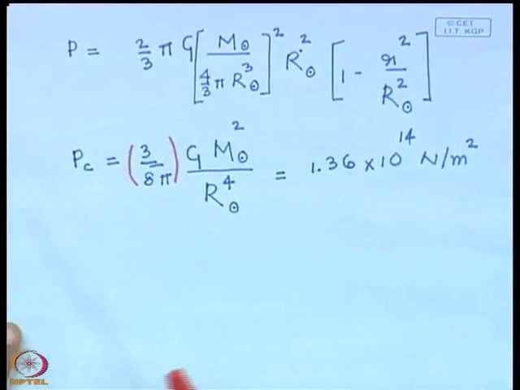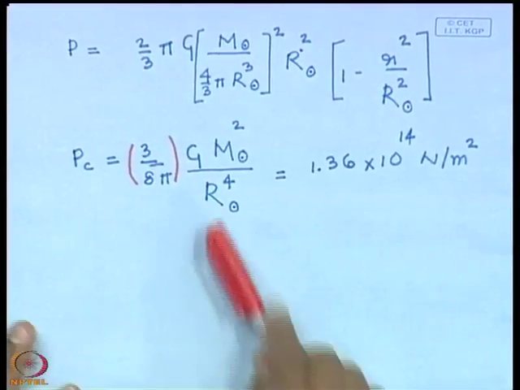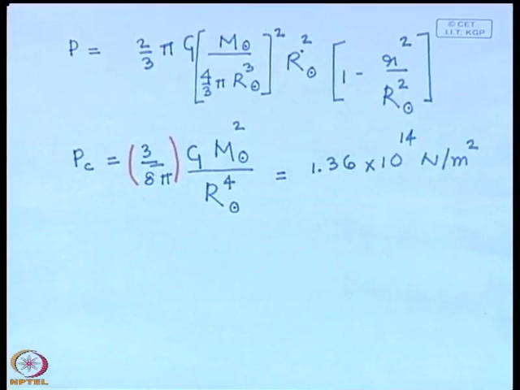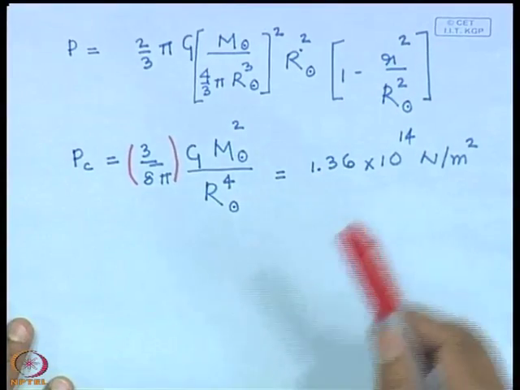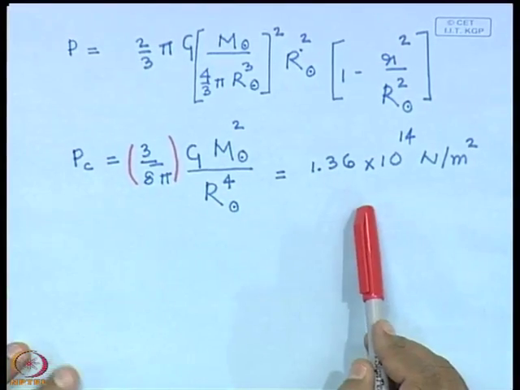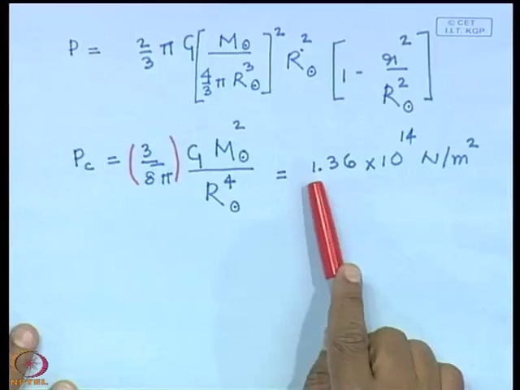So, a more realistic estimate will give us some other numerical factor over here, but this part will more or less be the same. So, this is an order of magnitude estimate of the pressure. You should not take this very literally. Say it will be within 10 or 100 times the actual pressure inside the sun, but it gives us some feel for what the pressure is. And this is the value that you get.